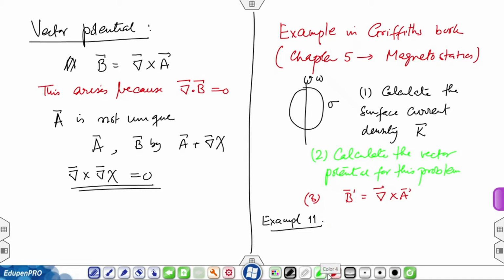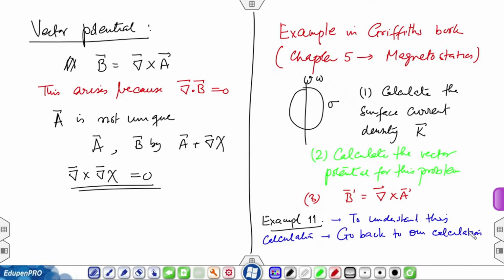So, while reading this example, I would like you to go back to our calculation of electrostatic potential for sigma equals sigma naught cosine theta.